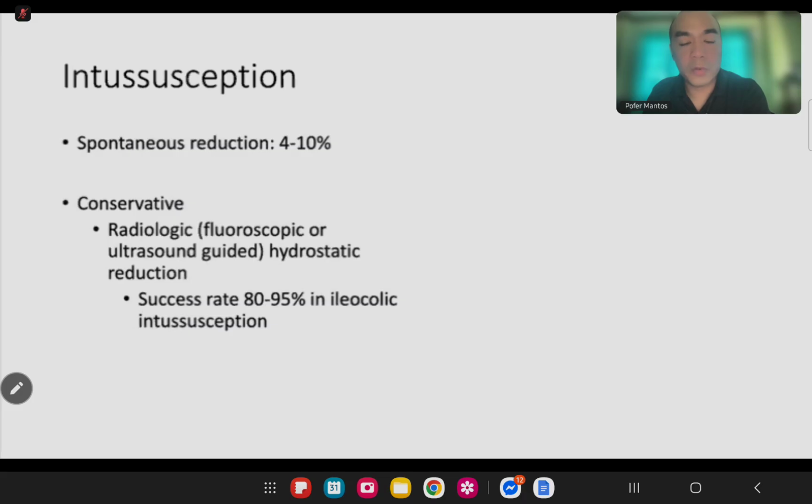As to the treatment, a small percentage of them will spontaneously resolve. But for others, we have to do some interventions. For conservative intervention, meaning surgery is usually not done, we can do radiologic or hydrostatic reduction, which is successful in at least 80%.